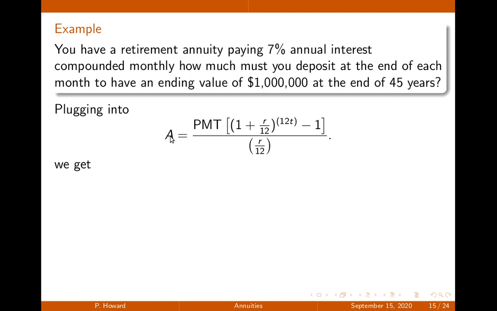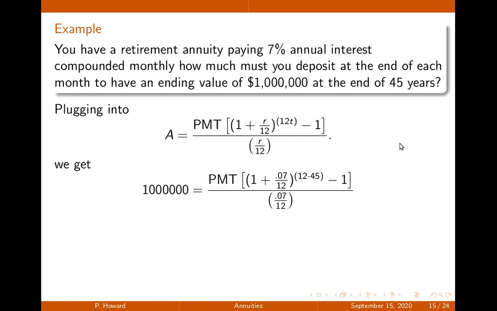So we're taking the annuity formula that we've been using all along, and we are plugging in the ending value of 1 million, the interest rate of 0.07, and the time in years, 45. So that results in this equation.